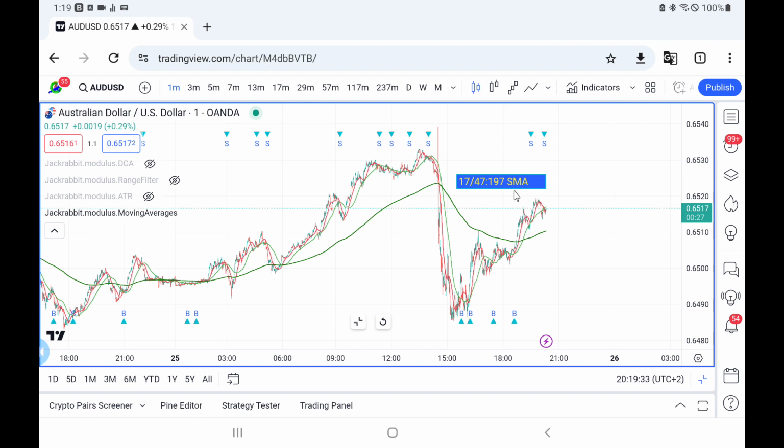And I am using a simple moving average. Now you can use an EMA or any other kind if you want. But we can see on the chart, the red line is the fast line, the green line is the slow line, and the black line is the momentum or the 197 moving average.